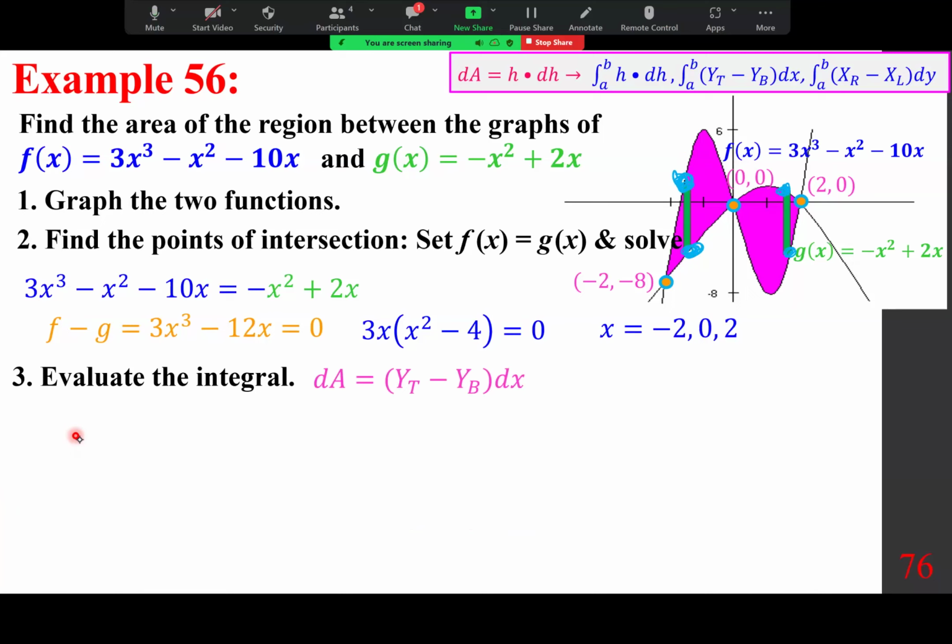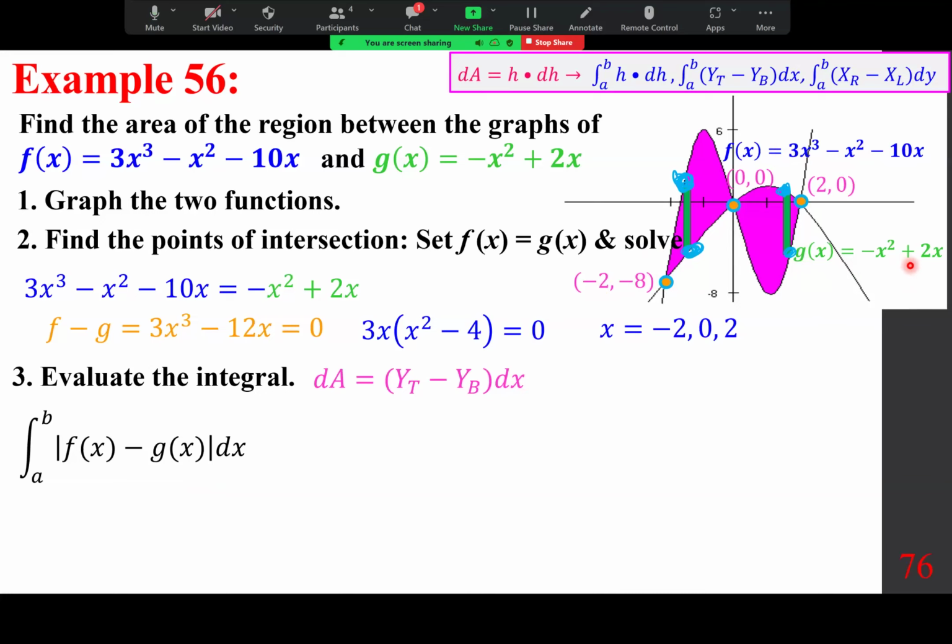So therefore, you really have to go with an absolute value, which cuts it into 2 pieces. As we go from negative 2 to 0, this function is at top. So we put this one first. As we go from 0 to 2, this function is at top.